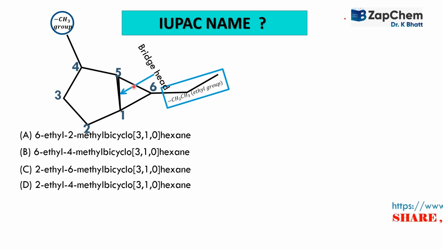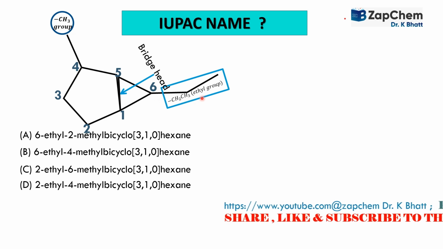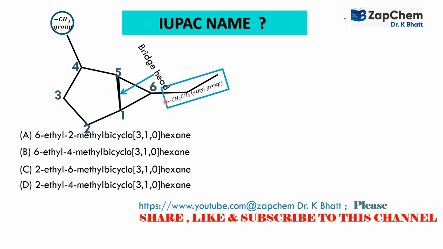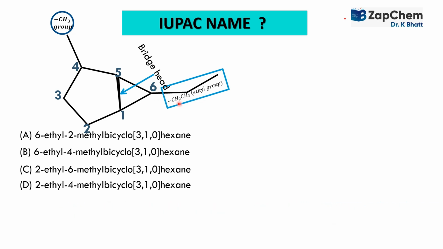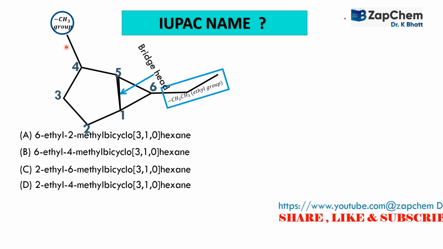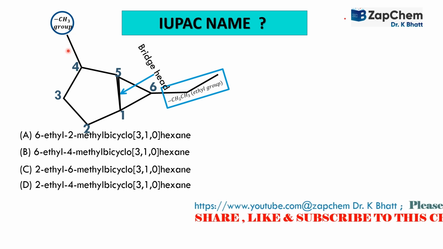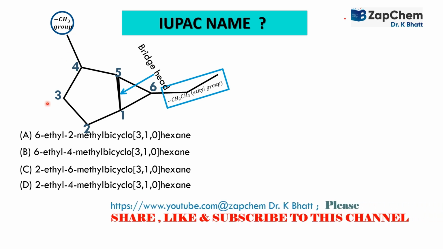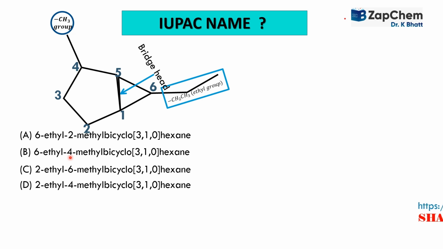So there are 6 carbon atoms, and the 6th carbon atom has an ethyl group. Therefore, we can definitely say that it is 6-ethyl, and the 4th carbon atom is attached with the methyl group. We can say it is 4-methyl. So 6-ethyl, 4-methyl.